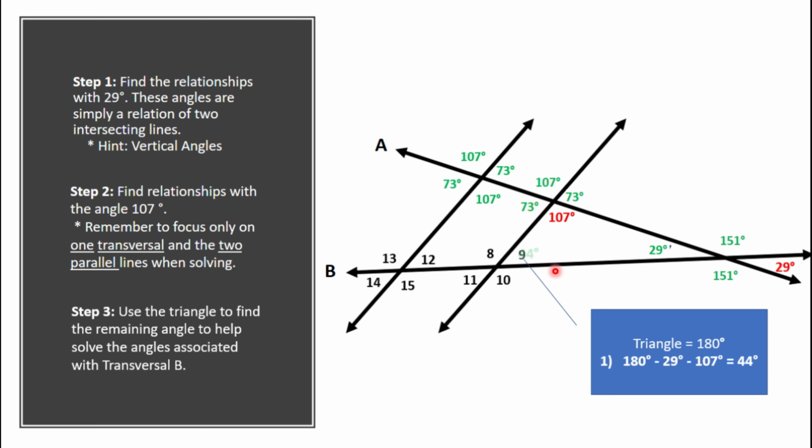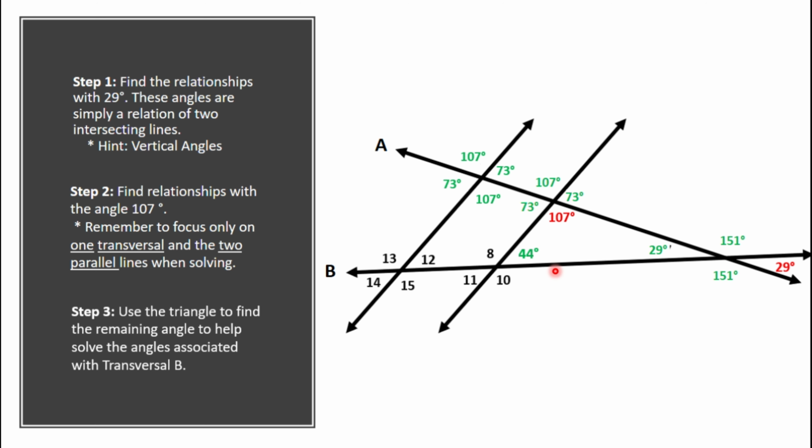So angle 9 is 44 degrees. And we also know that angle 9 and angle 11 are vertical angles. Because of this vertical angle pair, we can automatically replace angle 11 with 44 degrees.